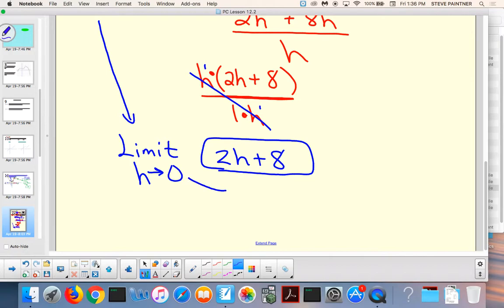Stick it in here and work it out. What's the limit? Direct substitution says if you get a number, it's the limit. 8. Okay. So you worked out that quotient, that difference quotient, you got 8.